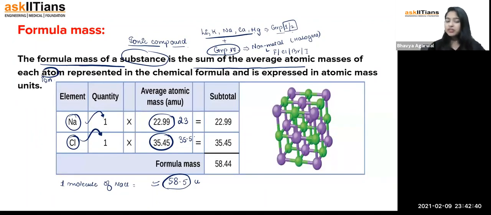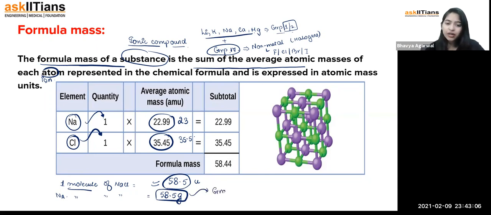Same way, when I talk about this formula mass, this is the mass of one molecule. What if I have Avogadro number of molecules? Then, as per the simple terminology, we keep the same mass and the units being grams. So it's 58.5 grams this time. Previously we used to call it gram atomic mass or gram molecular mass.